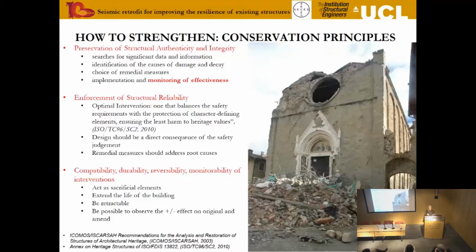And as engineers, we should always uphold life safety as the first criteria for whatever we do to a building, because ultimately what we want is that people don't die in it.